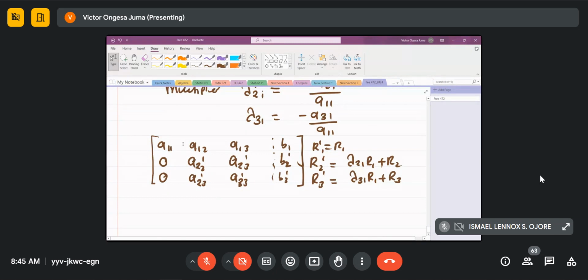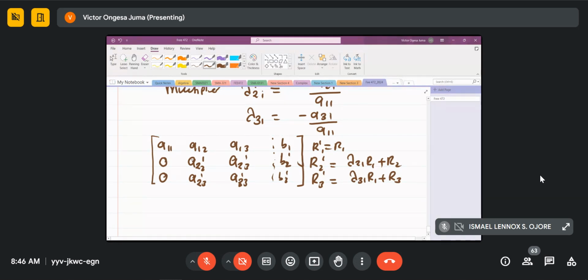So if you follow the definition of row echelon matrix, it says that the first non-zero element of any row is to the left of the first non-zero element of the row below it. So if I check row 1 and row 2, it satisfies that definition, that the first non-zero element of this is to the left of the first non-zero element of the second row. That one is satisfied.